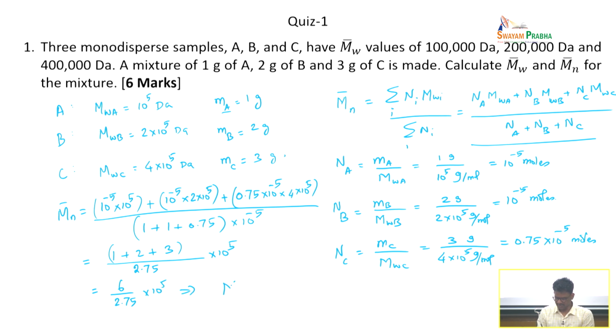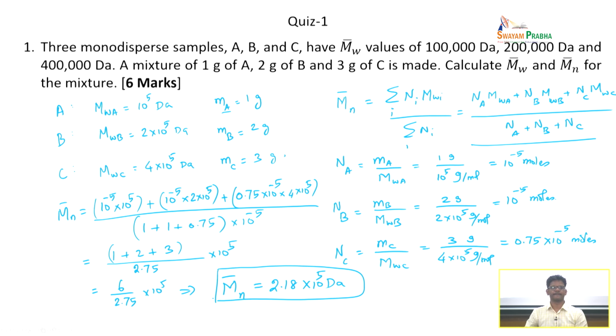So this means that the number average molecular weight would be 2.18 into 10 power 5 Daltons. Okay, any doubt in this? From the mass and molecular weight you get the number of moles, and then you weigh the molecular weight with respect to the number of moles.